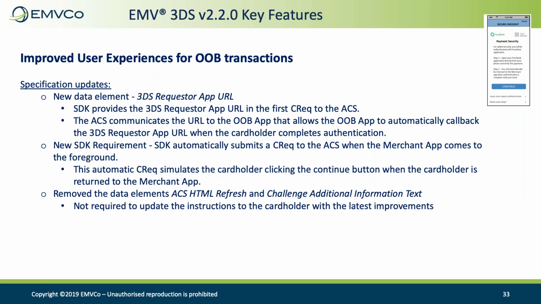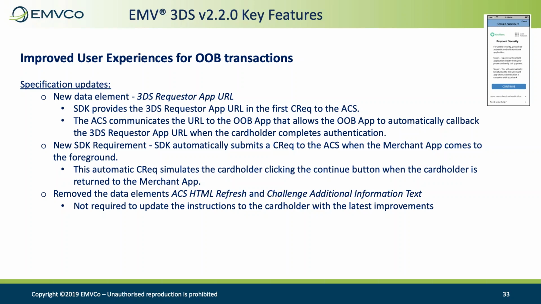And just one last thing on the key features for 2.2.0 and the improved user experience for out-of-band transactions. There were specification updates, of course, to support these improvements. A new data element, the 3DS requester app URL, allows the out-of-band app to automatically call back to the 3DS requester app.